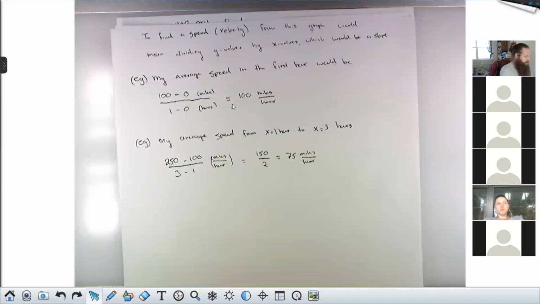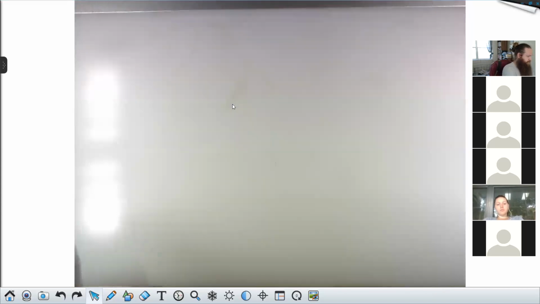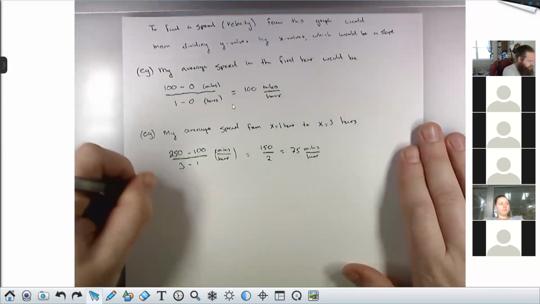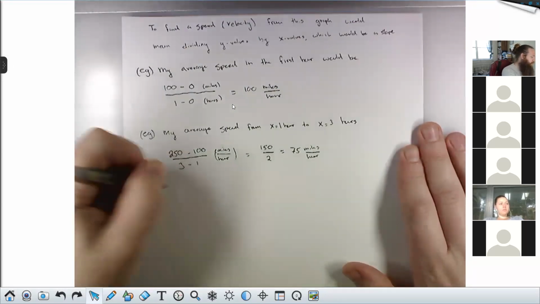Now, in full generality, here's the definition. Mathematicians love this stuff.